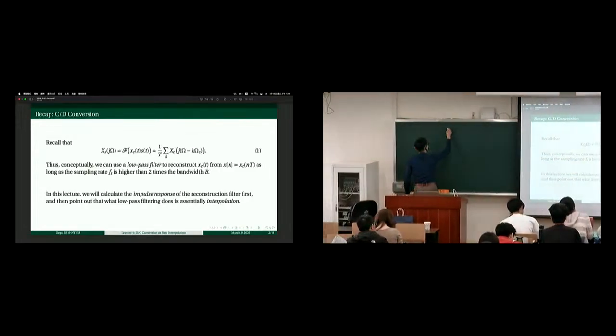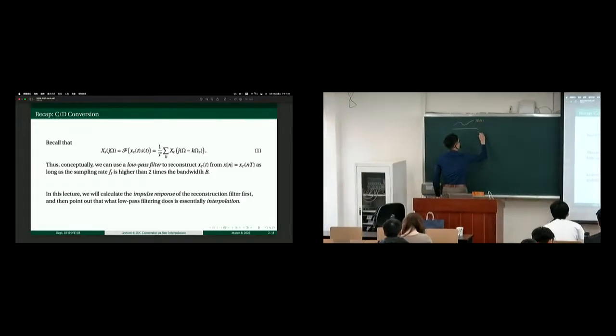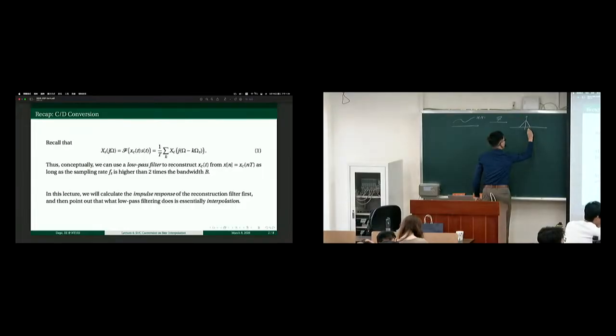It's easier to understand this way. When we have a signal in time, and let's say after Fourier transform it becomes a band-limited spectrum like that. Usually that's just an illustration. It's band-limited between 2 pi b and minus 2 pi b if the horizontal axis is big omega. So that's an assumption.